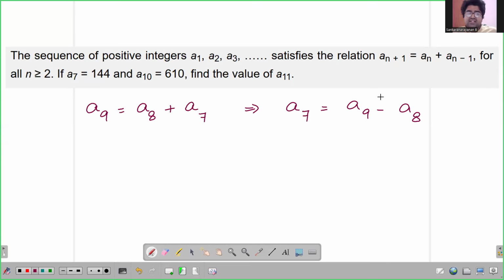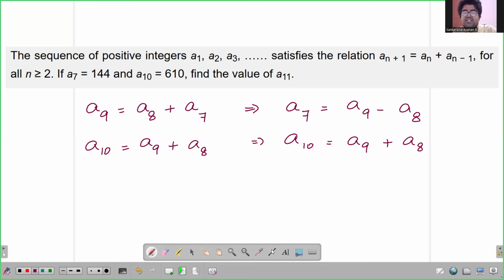Now A10 is equal to A9 plus A8. These two I have. With the help of these two, I can see that A7 is 144 and A10 is 610.